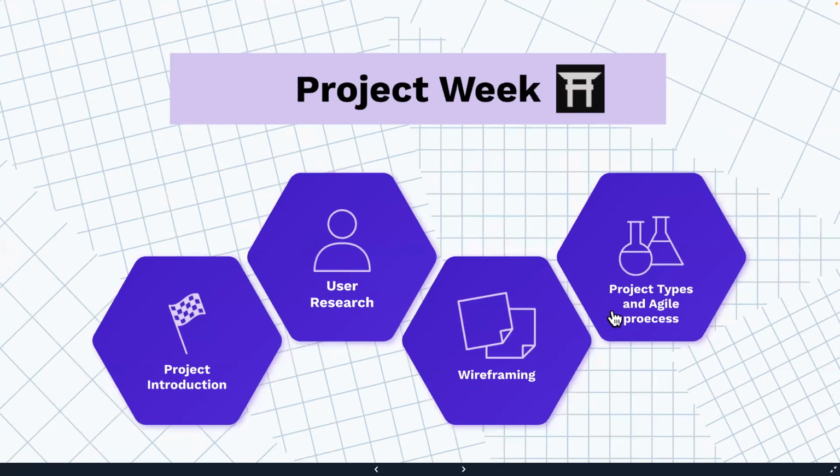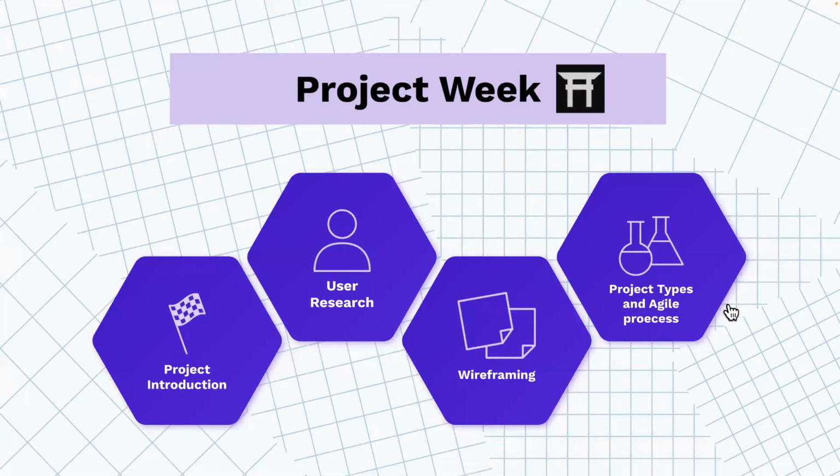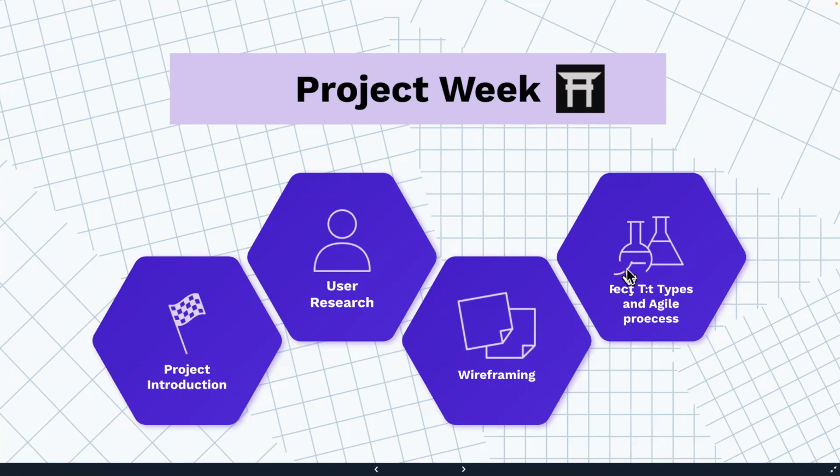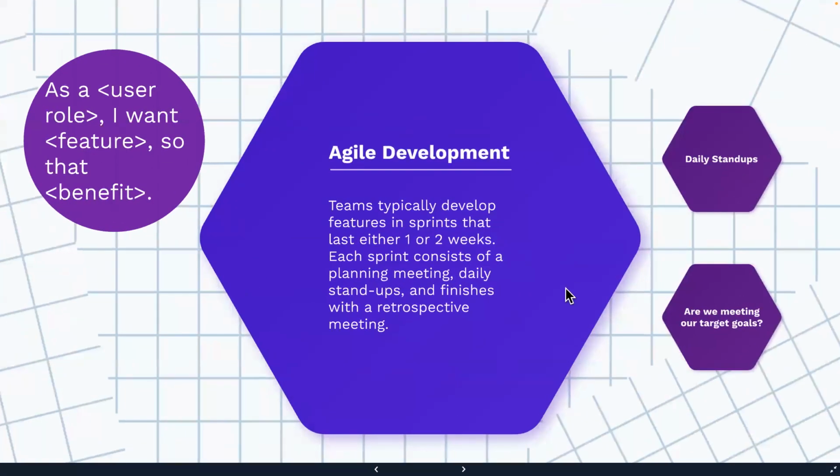And then lastly, we're going to talk about the agile development process. Agile development process. So this is a mouthful, right? What is it? What do I mean by that?